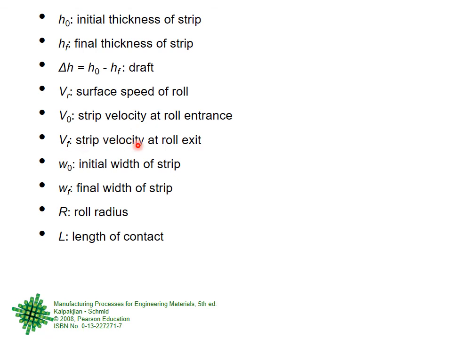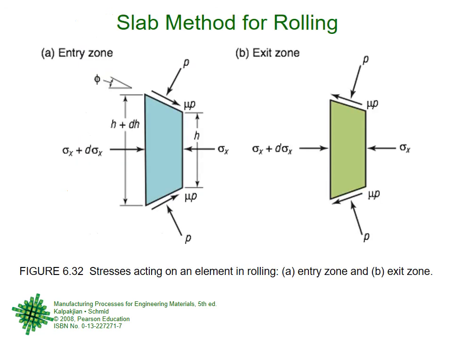Vf is strip velocity at roll exit. W0 initial width of the strip. Wf final width of the strip. Capital R roll radius. L length of contact. So though you already know it, I have summarized it here so that all the different variables that are there in the equations or the derivations are in one place.